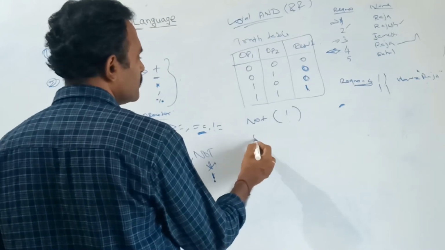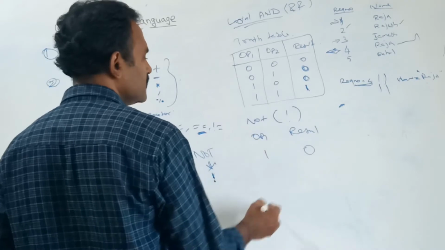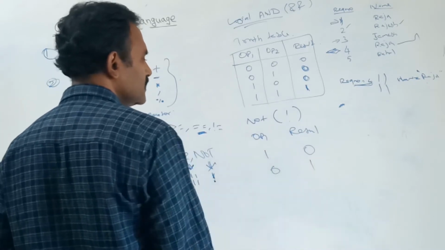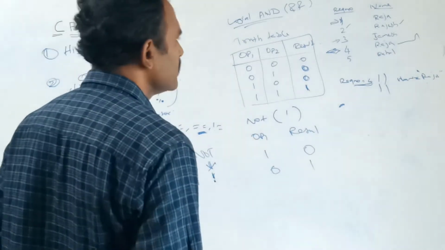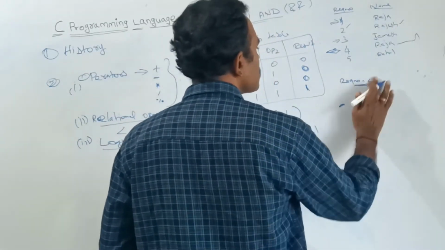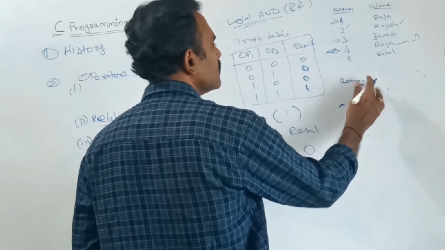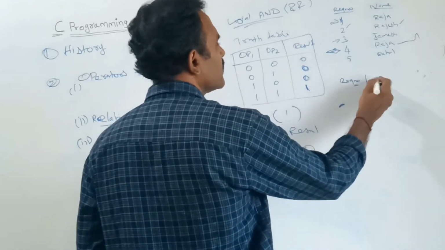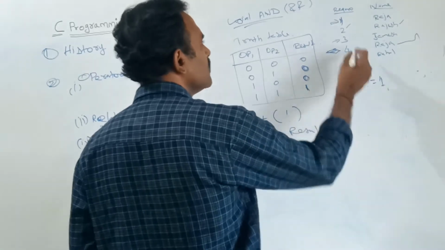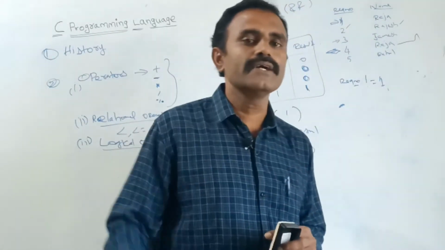Suppose the operand is 1, the result will be 0; if it is false, that is 0, the result will be 1. Say I want to check that the register number is not equal to 1. That means except 1, everything remaining will be true, so every other record will be displayed here.